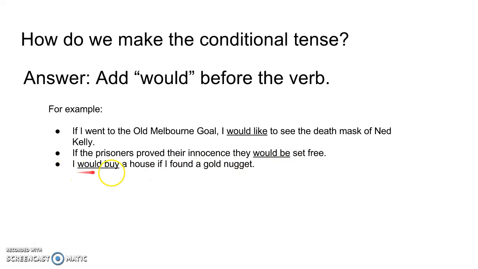And then look at this one as well. We have the if, I found. So this is the past simple, and I would buy. I suppose the rule that we could have here is that if is followed immediately by the past tense, which is then followed by the conditional.